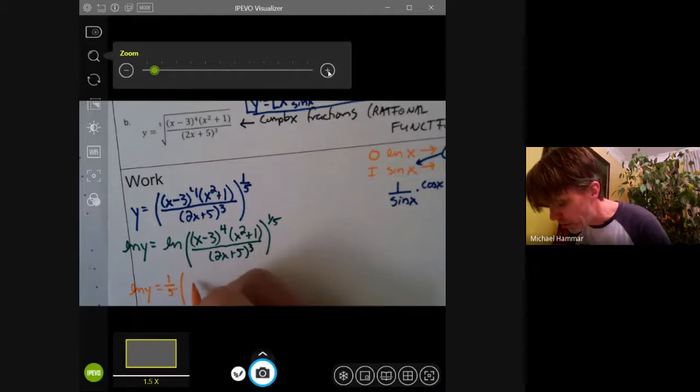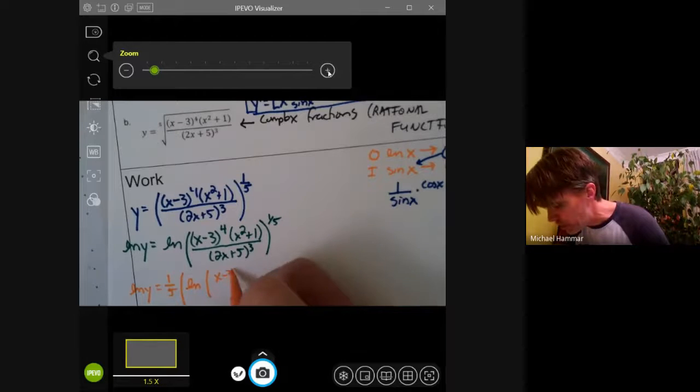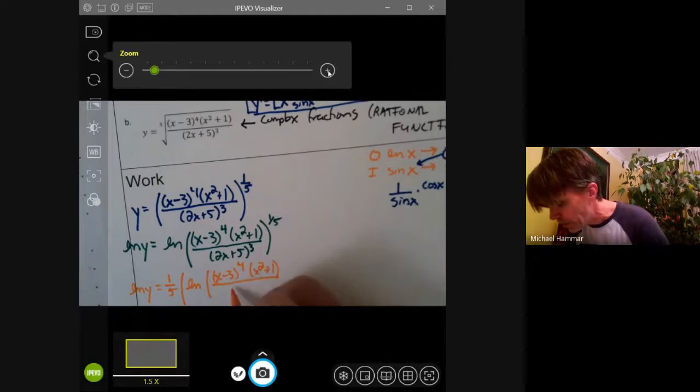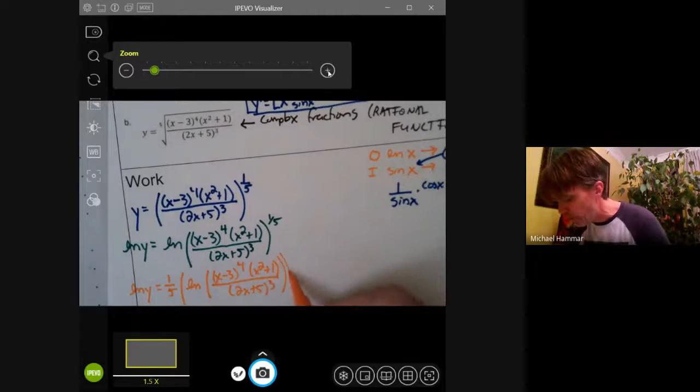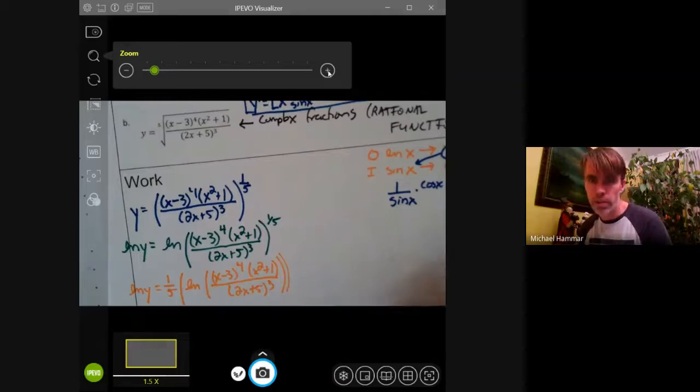So I now have 1/5 natural log of x minus 3 to the fourth, x squared plus 1, and then 2x plus 5 to the third, and I can pull that 1/5 all out to the front.